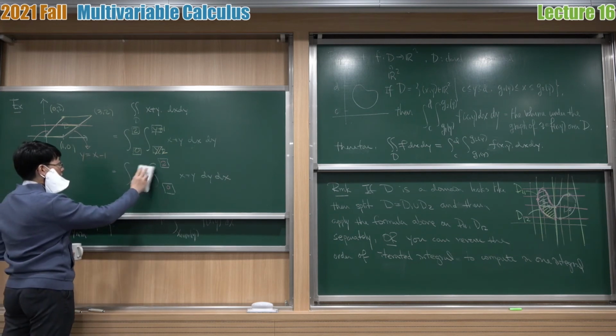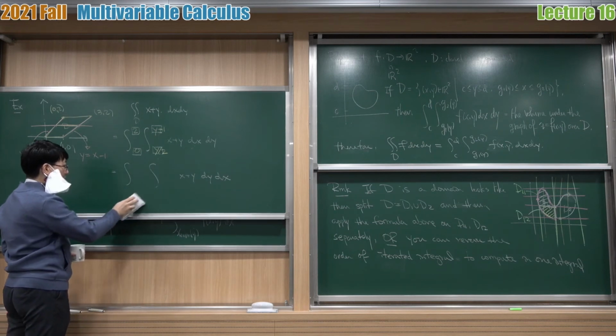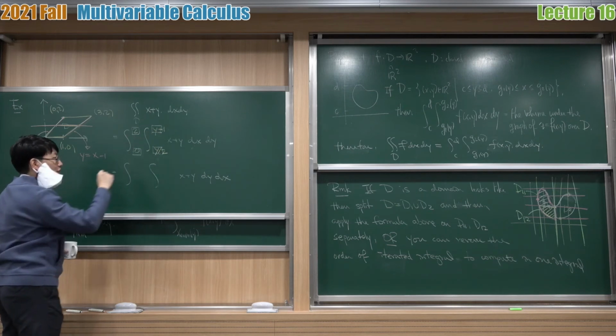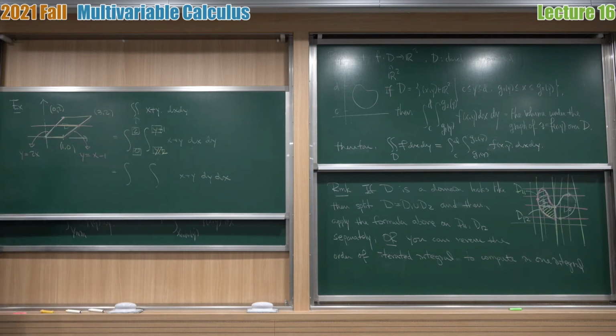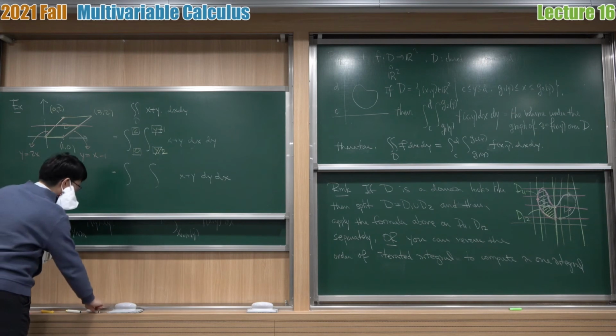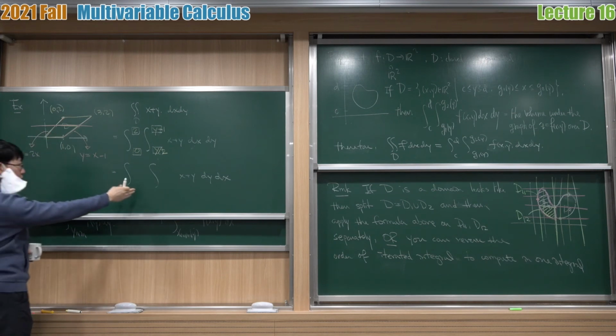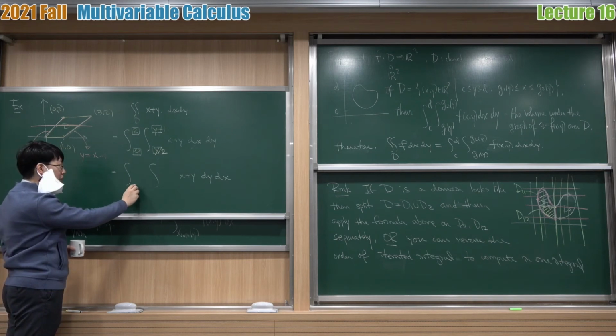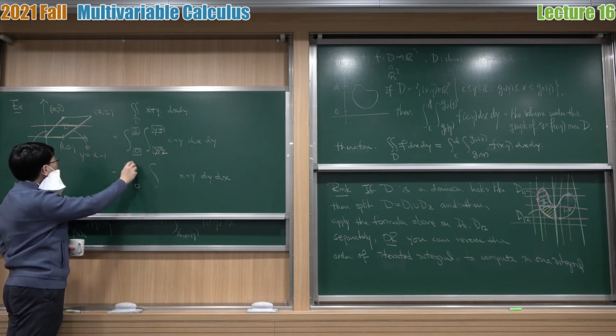So what you have to do is change the role of x and y. The role doesn't mean that you're changing the places of x and y, okay? Changing the role means that first you take the minimum x and maximum x inside this domain. What are the minimum and maximum? 0 and 3.